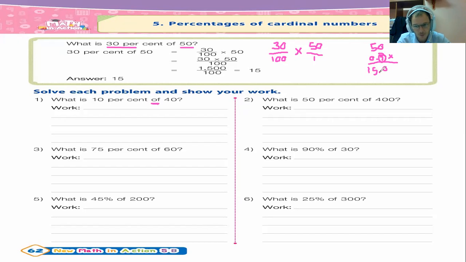So we put the decimal place there, and our answer is also 15. So you can decide to do it either way. The answer will always be the same. But it's very important to read carefully, because we can make mistakes very easily. So let's make sure we read carefully over here.